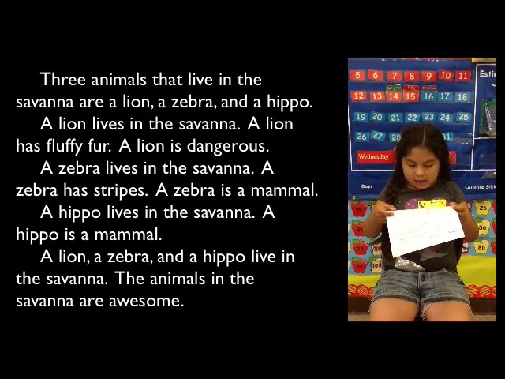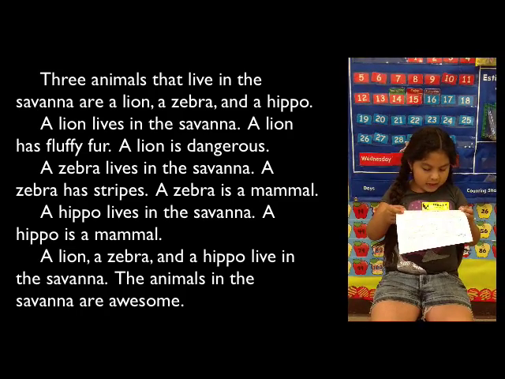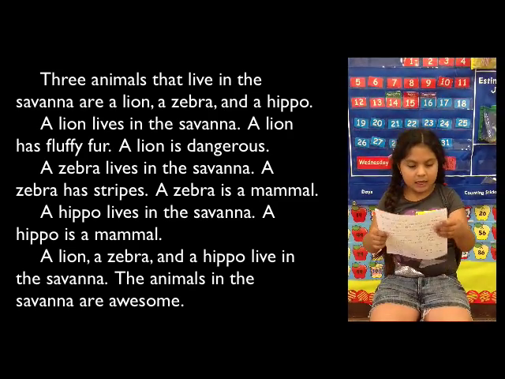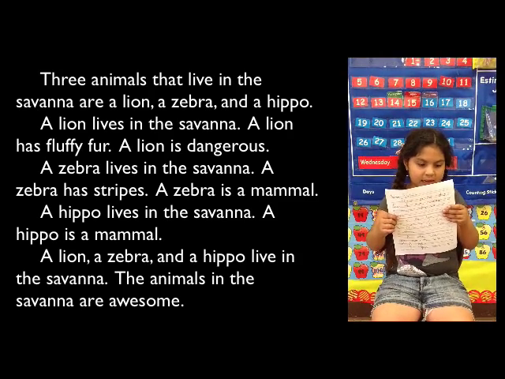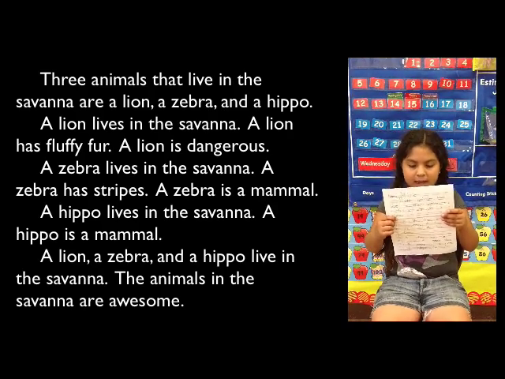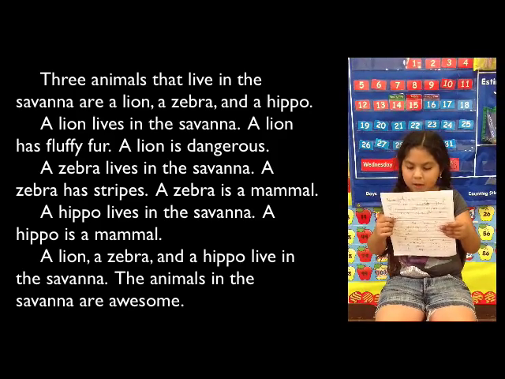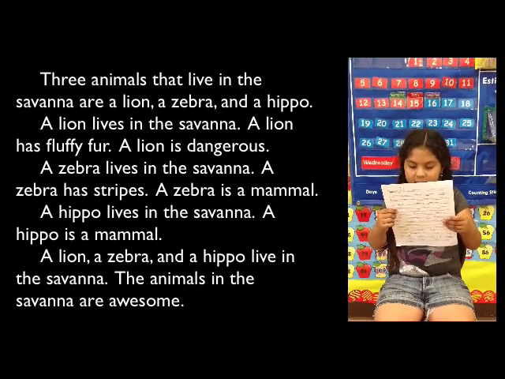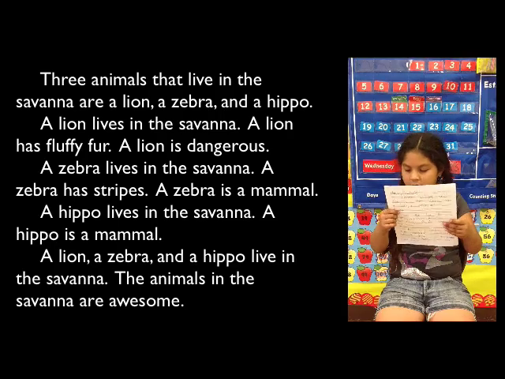A zebra is a mammal. A hippo lives in the savannah. A hippo is a mammal. A lion, a zebra, and a hippo live in the savannah. The animals in the savannah are awesome.